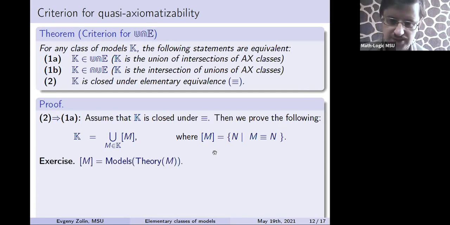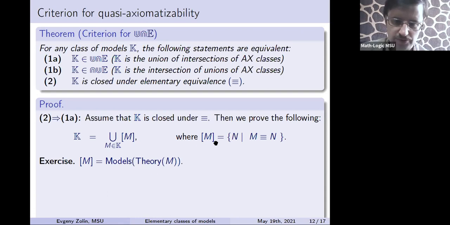Why is this enough? An exercise. This class can be obtained as follows. First, take the model M, then all formulas that are true on this model M, and then all models that have the same theory, the same true formulas.